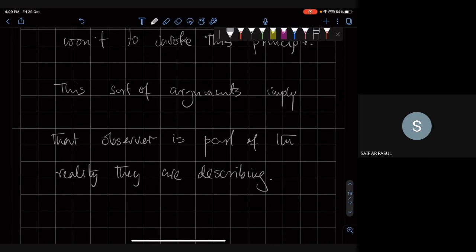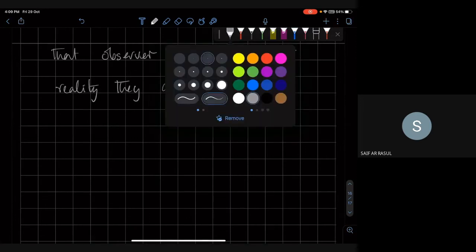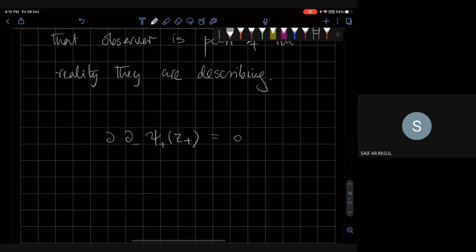Right. So, if you have a function psi, say psi plus, if it is a function of Z plus, do you agree that if I apply del minus to it, it's going to be 0? Yes. So that means that this is also true, right? Yes. Now, do you agree that if I have psi minus, which is a function of Z minus, this is 0?